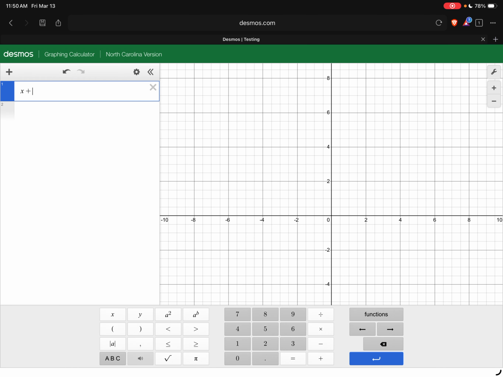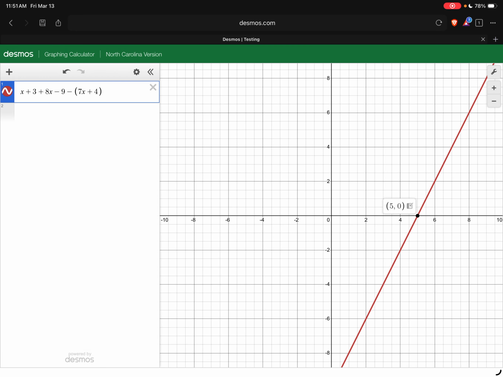x plus 3 plus 8x minus 9 equals 7x plus 4. Please do not forget, instead of equals, you have to put minus and then parenthesis.